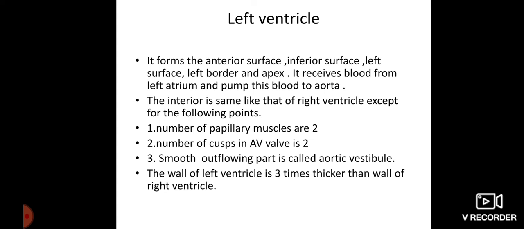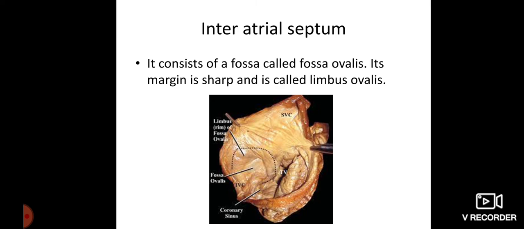So that much force is needed, and for that strength it needs a thick musculature. While comparing the musculature of the right ventricle with the left ventricle, we know the left ventricle has a thick wall of muscle which is 3 times thicker than the right one.